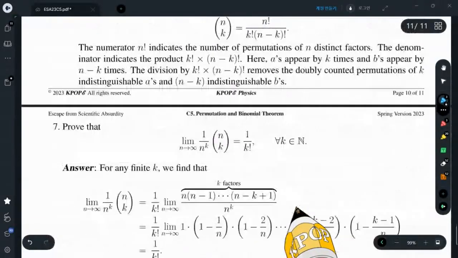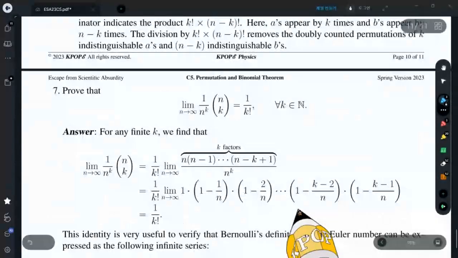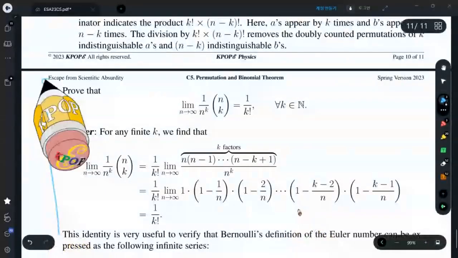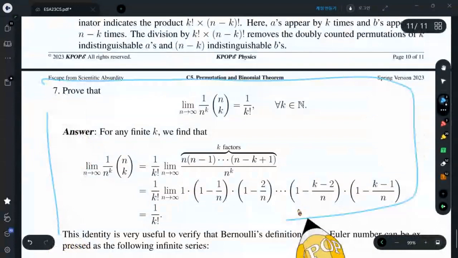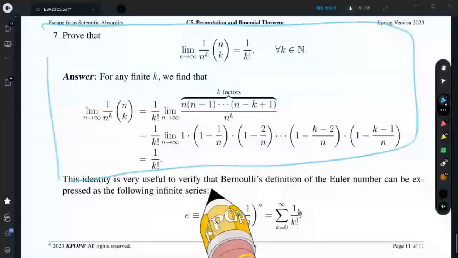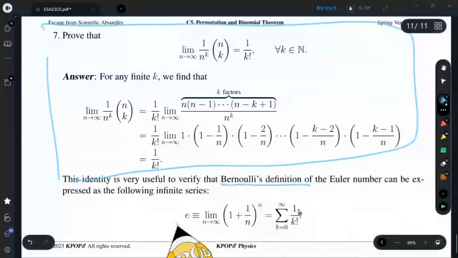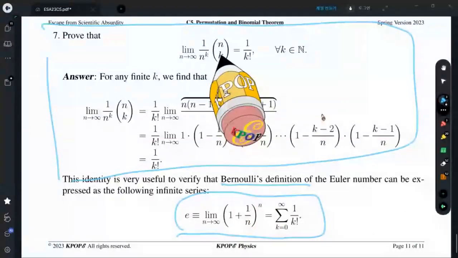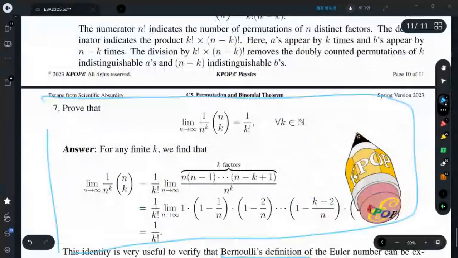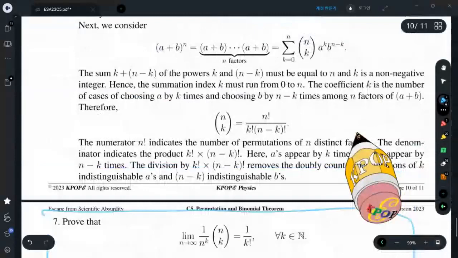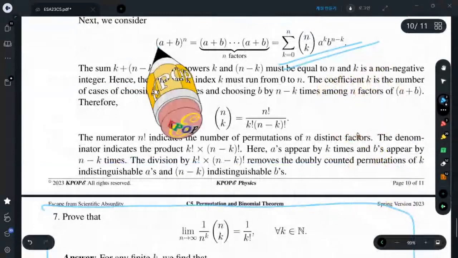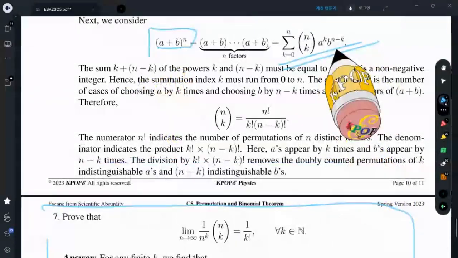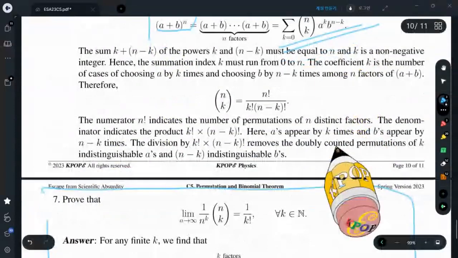By the way, this part is very, very important for the application to find the Bernoulli's definition of the Euler number. Some of you must know this comes from this identity. This expansion of a plus b's nth power in here, I copied this.